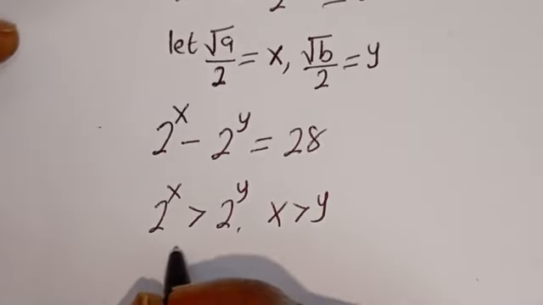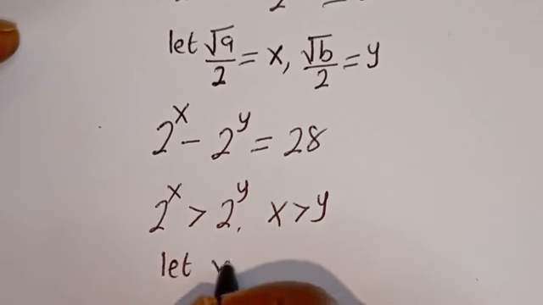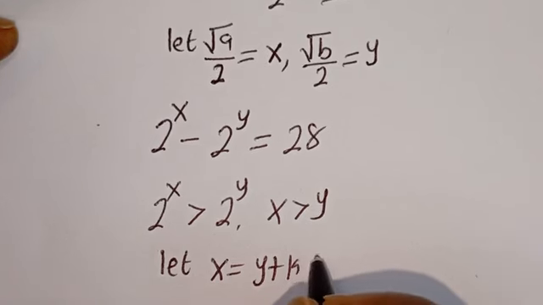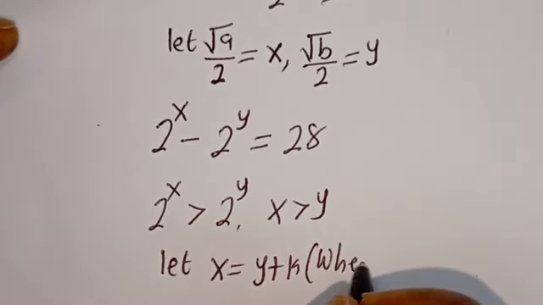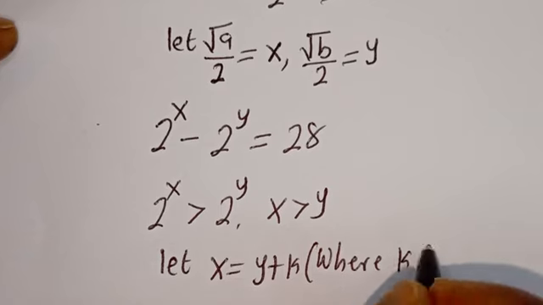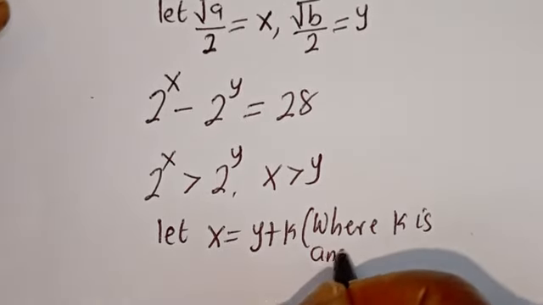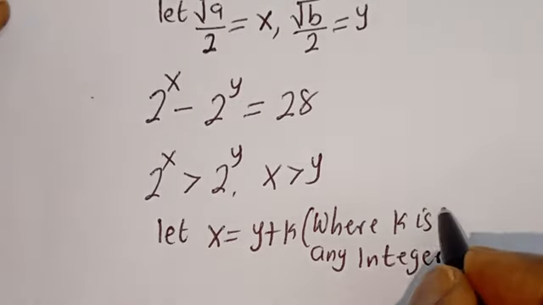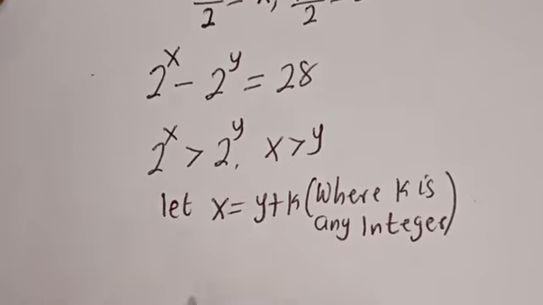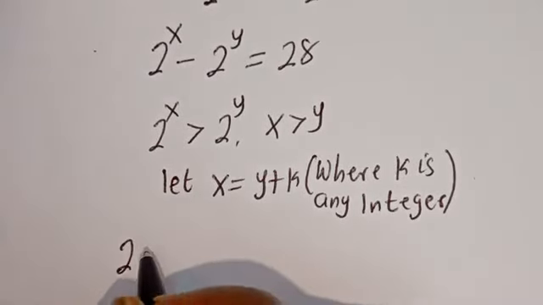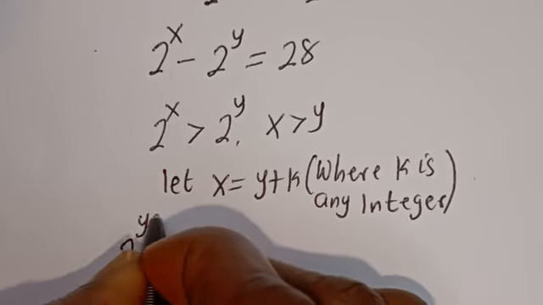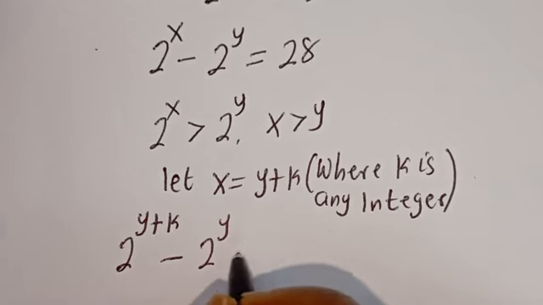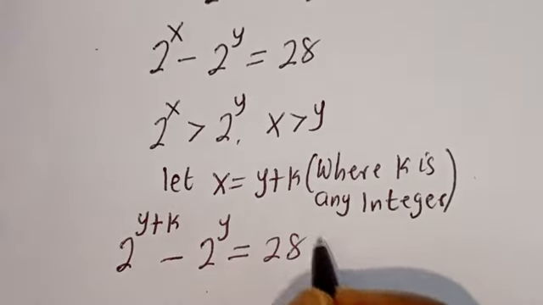Then, we let x is equal to y plus k, where k is any integer. Then here we have 2 to the power of y plus k minus this 2 to the power of y is equal to 28.